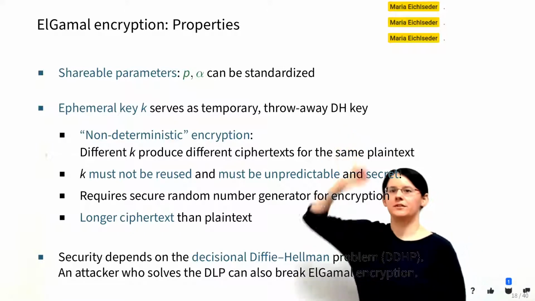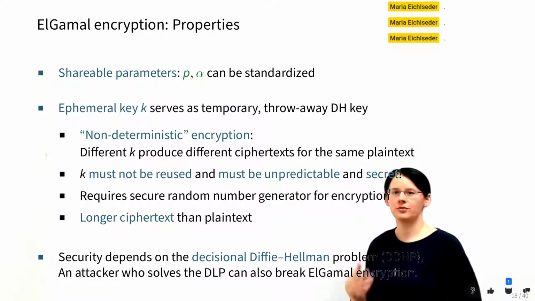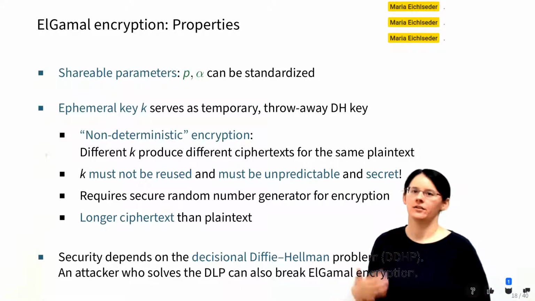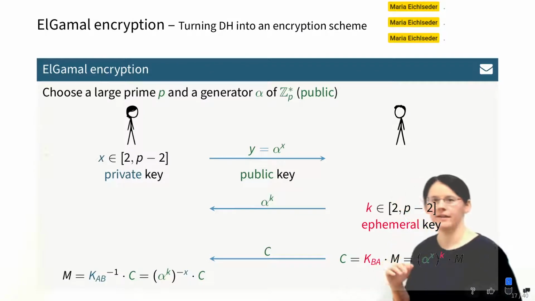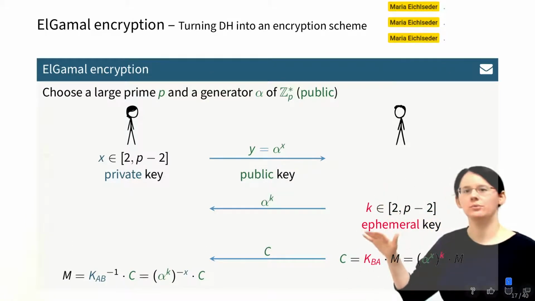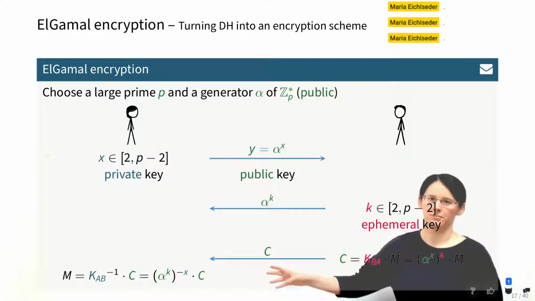I already said that we have this temporary private key here. This also serves as a sort of randomization. So if Bob would send the same message to Alice twice, he would each time generate a new ephemeral key, meaning the ciphertext will also be different both times.